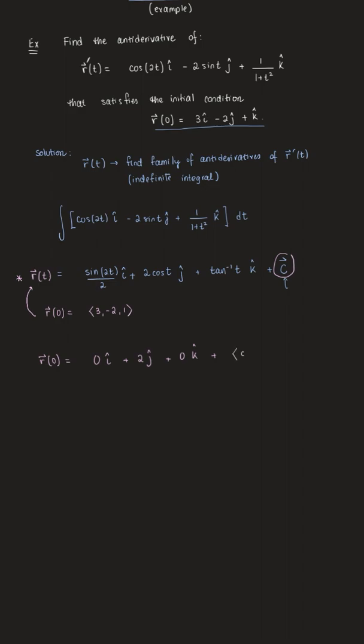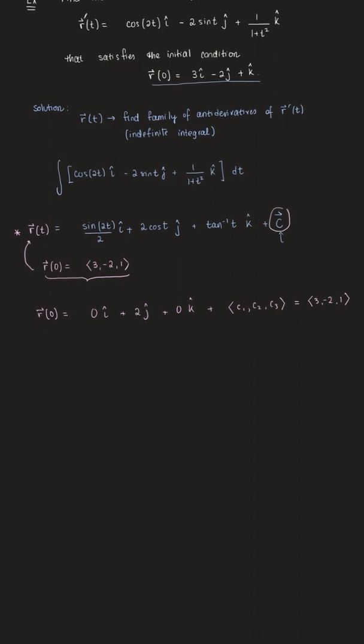Let's give it 3 components, c1, c2, and c3. And we know that this should equal 3, negative 2, 1, because that is r of 0. Now, I didn't do a very good job here because I used 2 notations at once, so let me use one consistent notation.